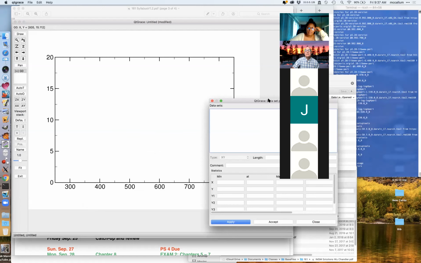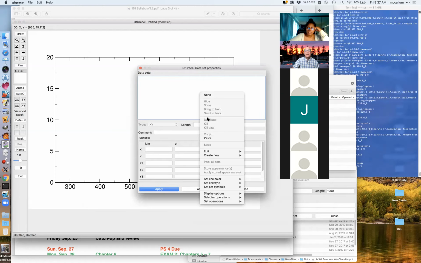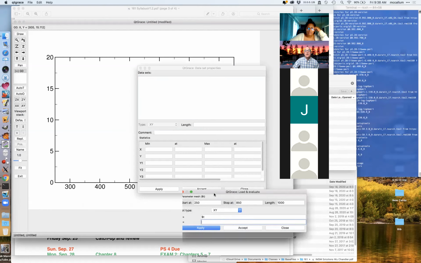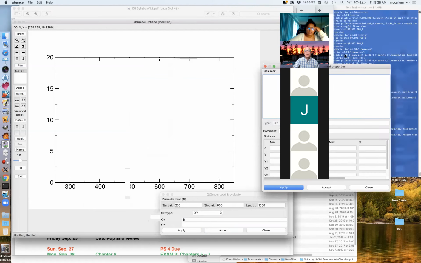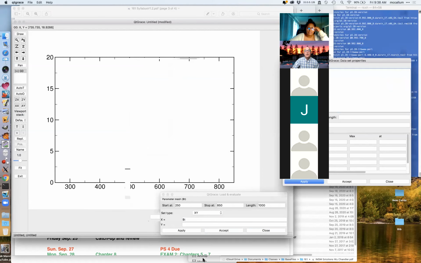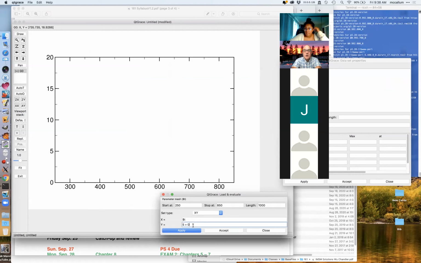function. Let's see, I guess maybe I'll call that window up again. Create new by formula. Here's my window. All right, so I'm just going to make something up. The constant's going to be 5. I know I said 10 before. And I'm going to have a linear term that's kind of small.